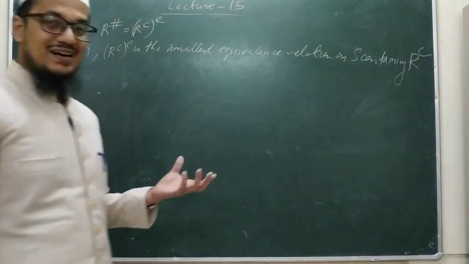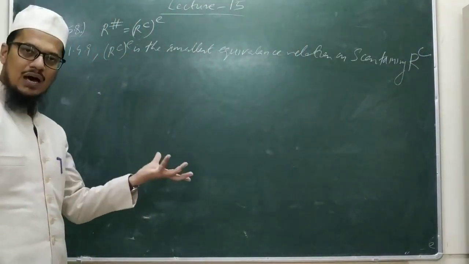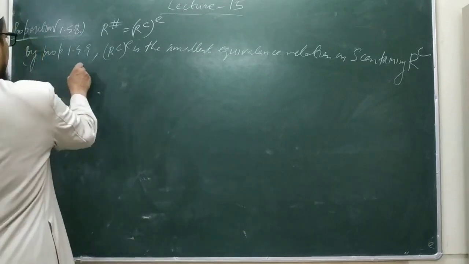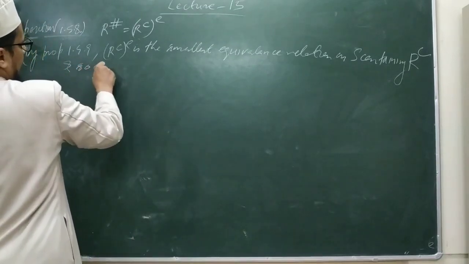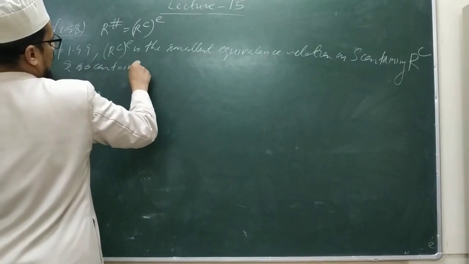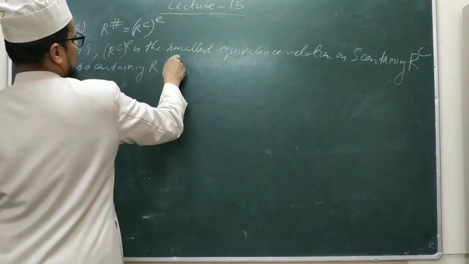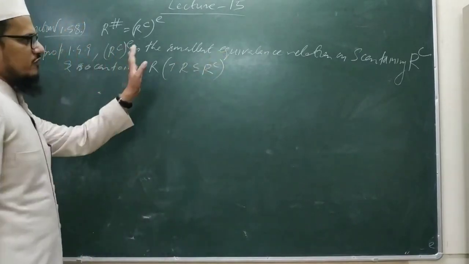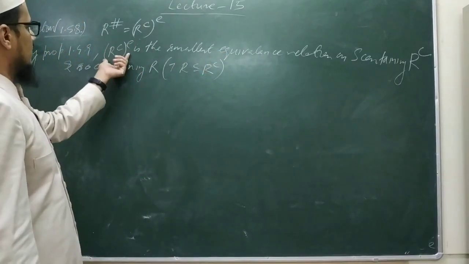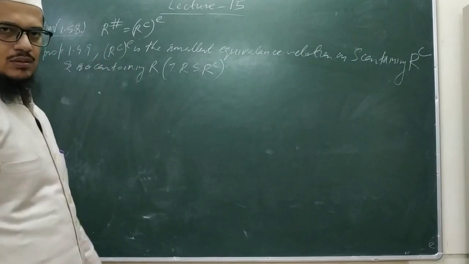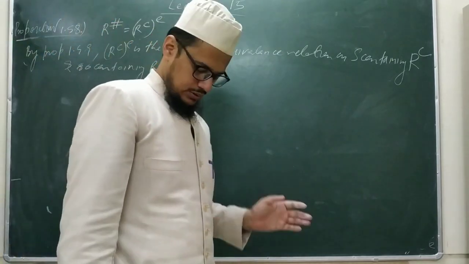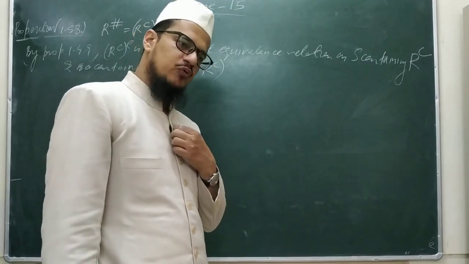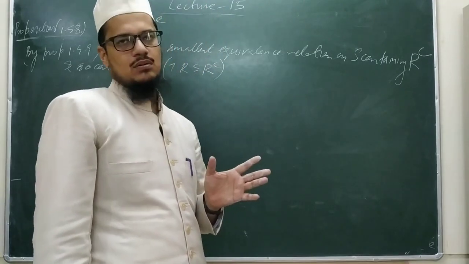And of course, when it contains RC, it also contains R, since R is contained in RC. So we have already proved that this relation is an equivalence relation, and it is also the smallest equivalence relation, and it contains R. What else do we have to prove? We have to prove that it is compatible, isn't it?